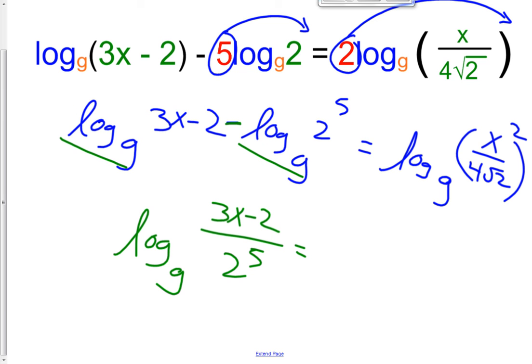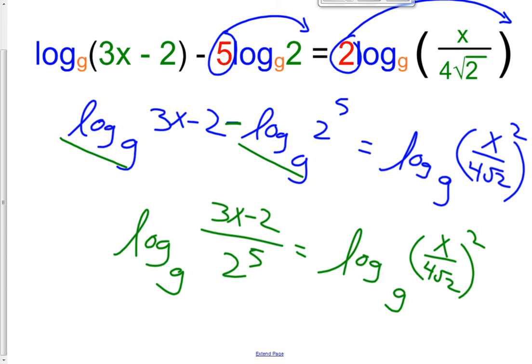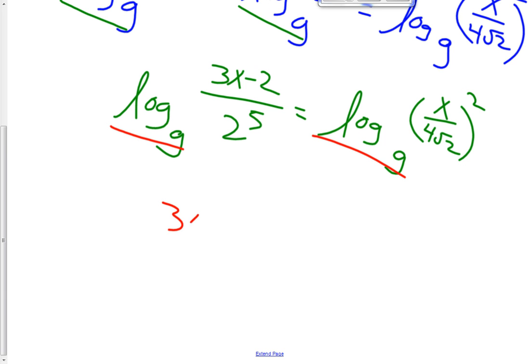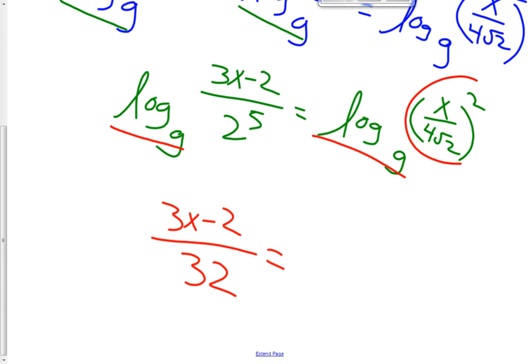That equals the log base g of x over 4 square root 2, that quantity squared. Okay, now I have log base g and log base g, so let's set 3x minus 2 over 2 to the 5th, and 2 to the 5th power is the same thing as 32. Let's set that equal to this.